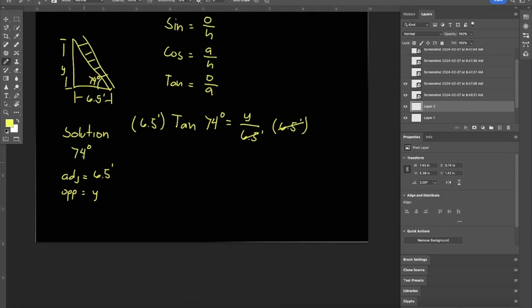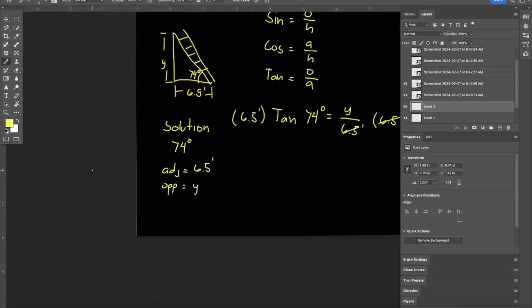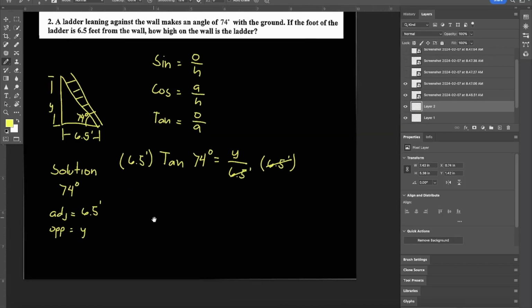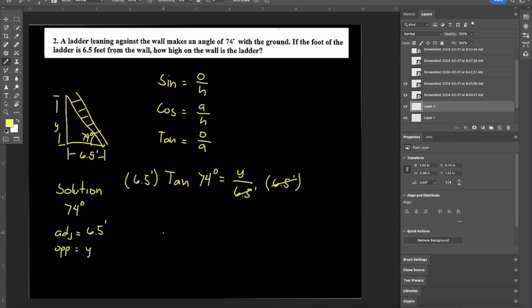Sorry for that, our board seems to keep on moving. So again, guys, that is just going to give us 22.67 feet. So that's our answer, but we need our statement.